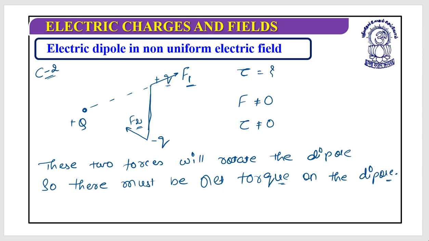Yes. So in this case, even force is not 0 and torque is not 0. Comfortable? Yes. We are discussing the electric dipole in non-uniform electric field. And as a source of non-uniform electric field, we are taking the point charge because it is a source of non-uniform electric field.